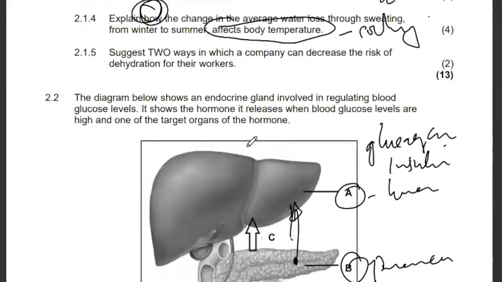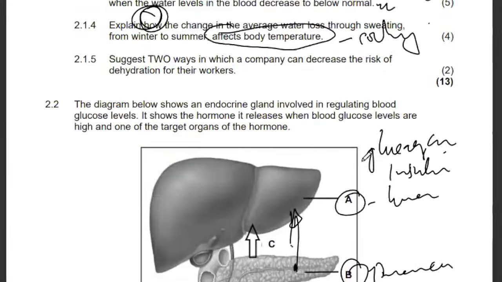Hormone C, you have to find out whether it's glucagon or insulin. Because the blood glucose level is high, meaning too much glucose, you have to convert glucose into glycogen.